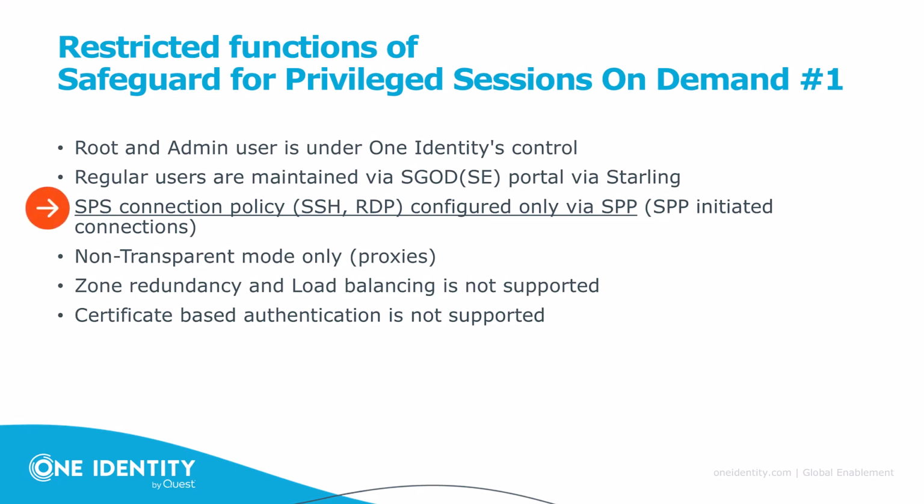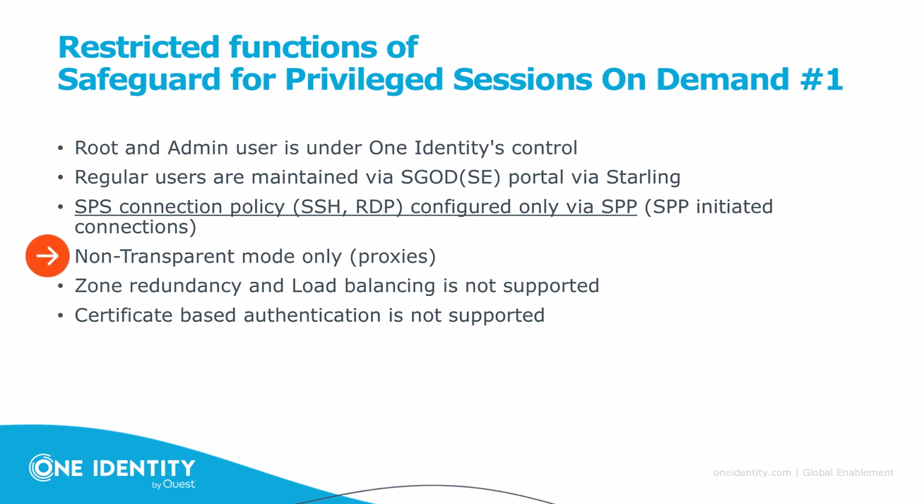The next thing is that you cannot create connections on the SPS interface. Why? Because you're going to manage it from the SPP side. So it is an SPP-initiated connection, not an SPS-initiated connection.